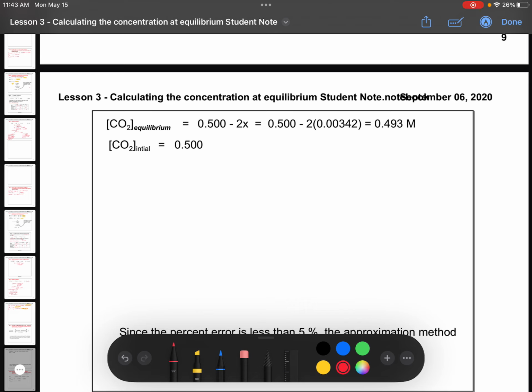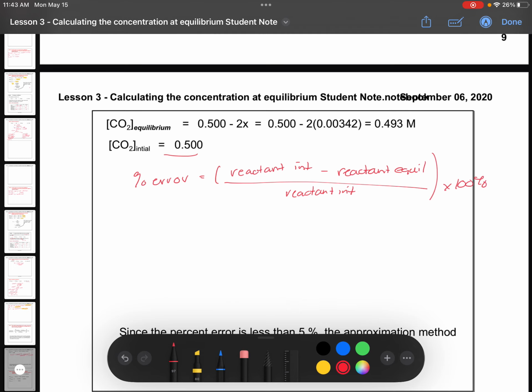So, given our information that we have found, our initial concentration of CO2 was 0.500. The CO2 equilibrium was 0.493, so we're going to take that percent error, which is the reactant initial minus reactant equilibrium, divided by reactant initial, times 100%.